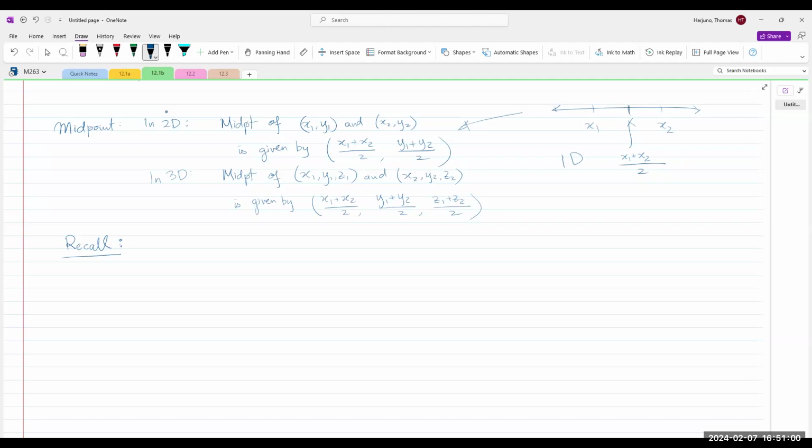Notice that in 2 dimensions, the equation x equals 2 represents all coordinates with x component equal to 2, regardless of the y.